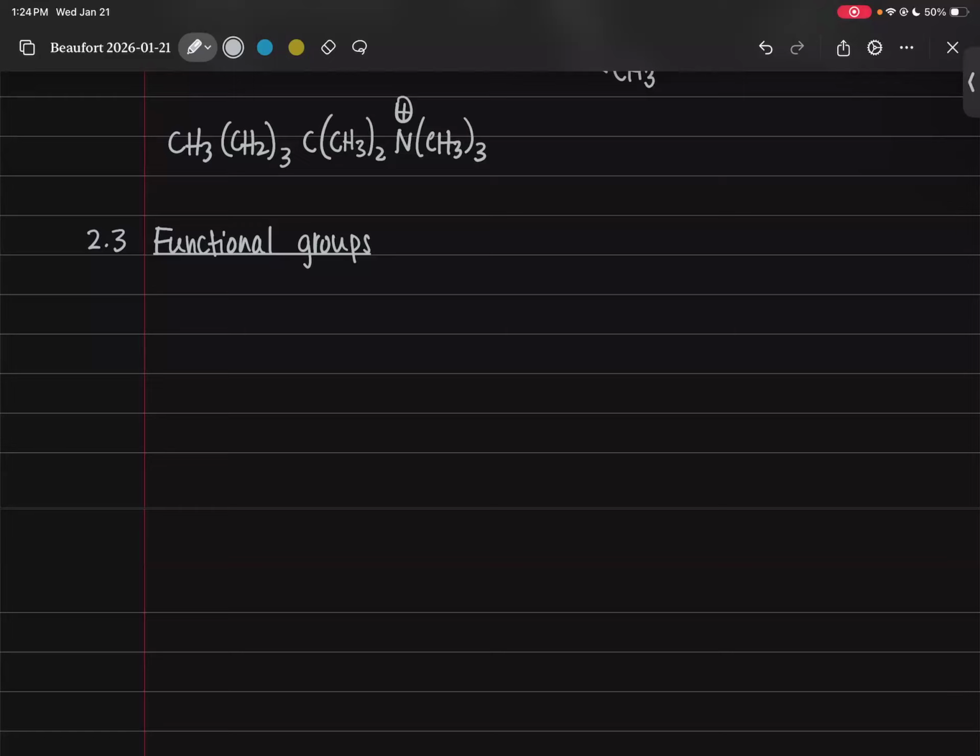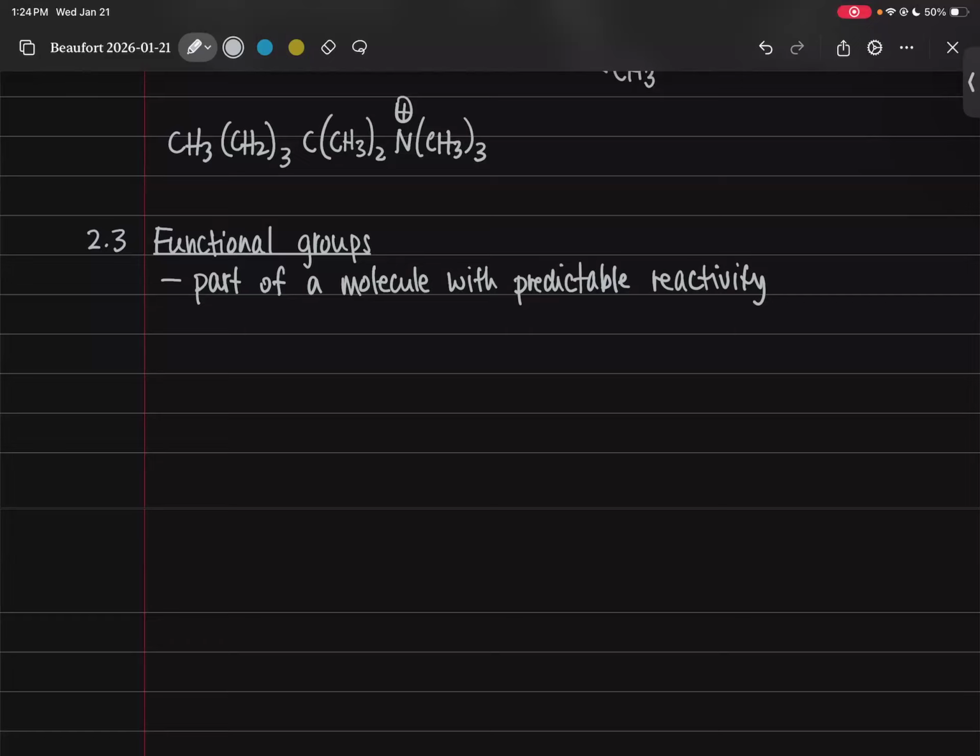And so the way that we do that is with functional groups. So a functional group is a part of a molecule with predictable reactivity or predictable functionality, hence functional.